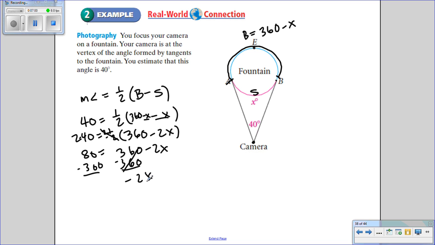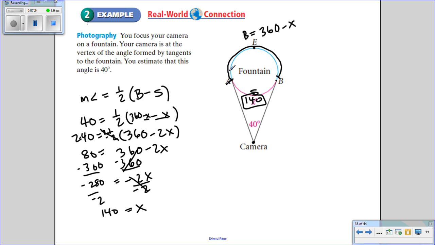So that's negative 2x equals 80 minus 360, which is negative 280. Then I'm going to divide by negative 2, and x equals positive 140. So that is the measure of this angle right here, positive 140.